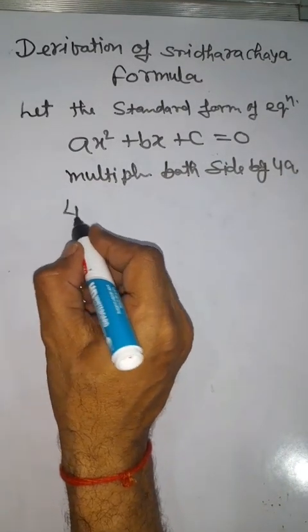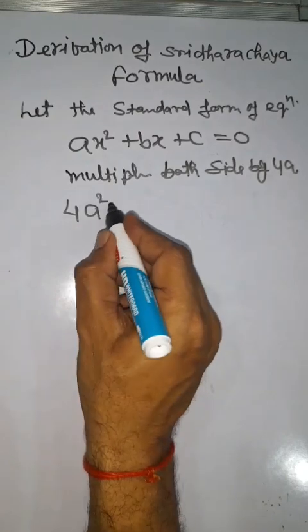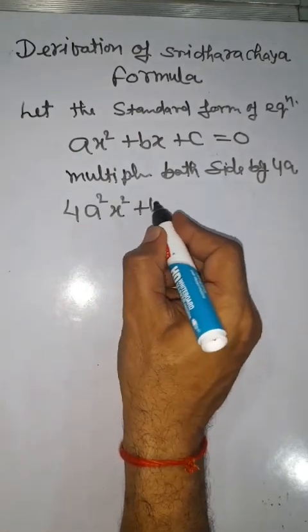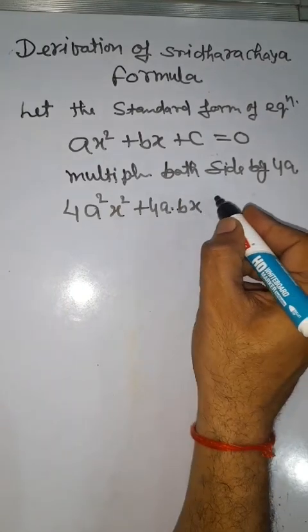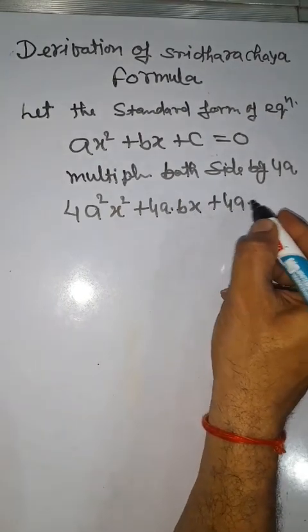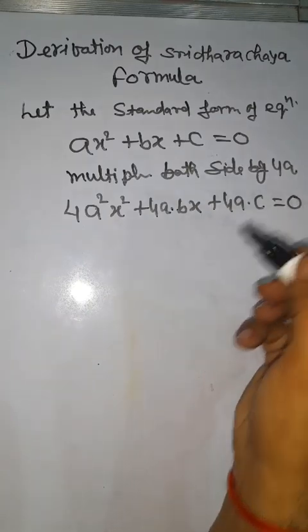then 4a square x square plus 4abx plus 4a into c equal to 0.